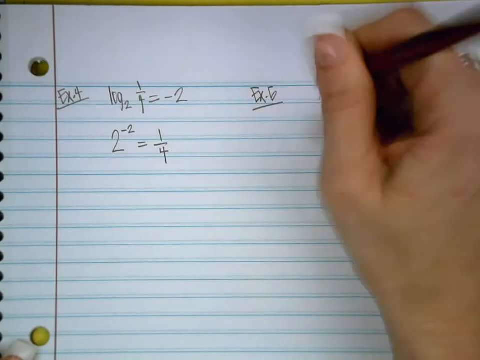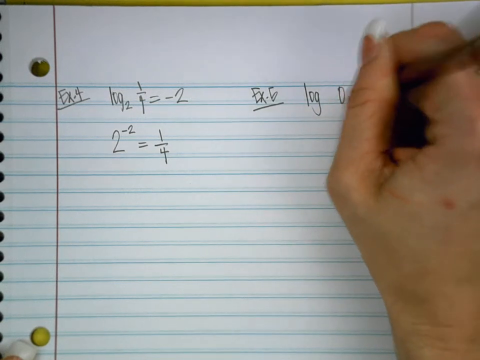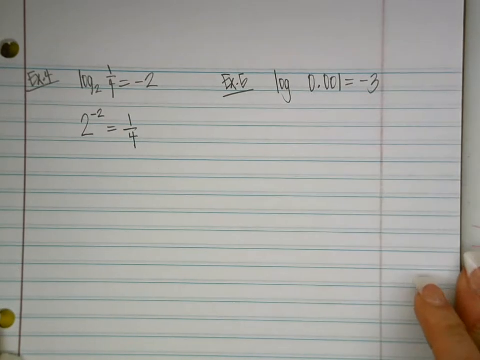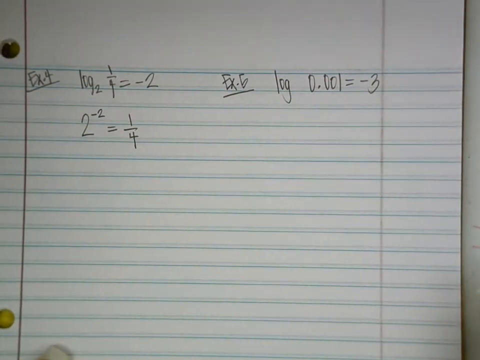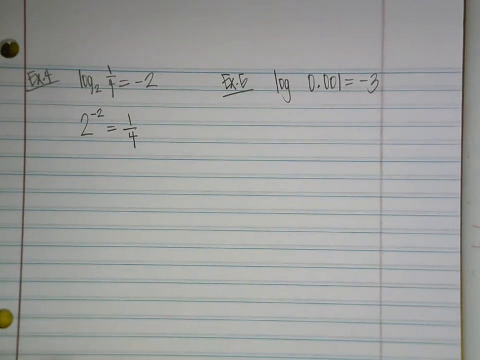Okay, log 0.001 equals negative 3. There is something missing here, intentionally. The base is missing. Okay, so I want you to think about this.